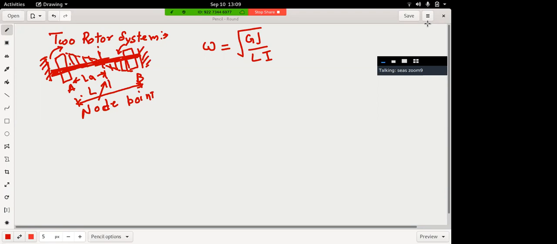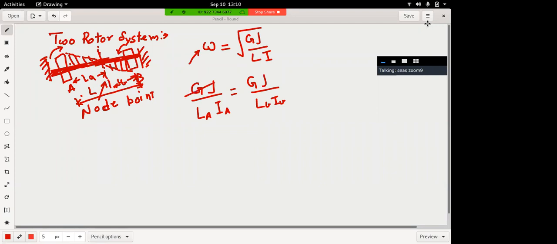तो यहाँ पे अगर this one becomes the node point, then we can write that because the whole system is rotating with the same angular speed omega, we can write that GJ by LAIA, where LA is the length from the node point to disk A and IA is the moment of inertia of disk A, must be equal to GJ by LBIB, where LB is the distance of disk B from the node point, because omega is the same.